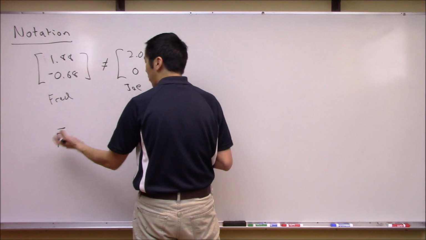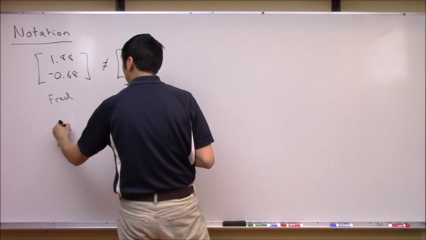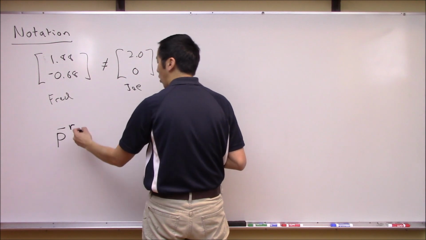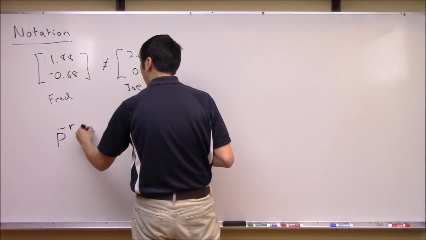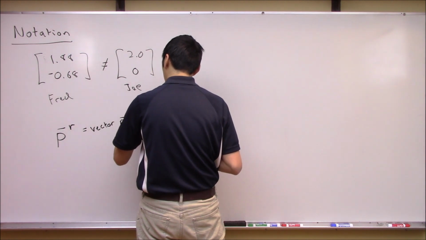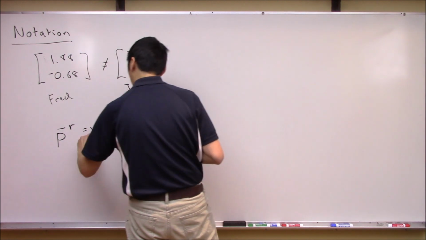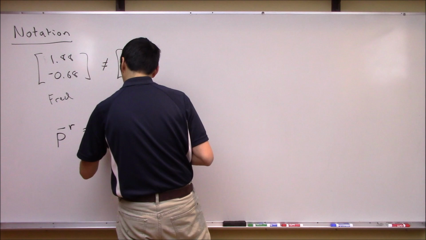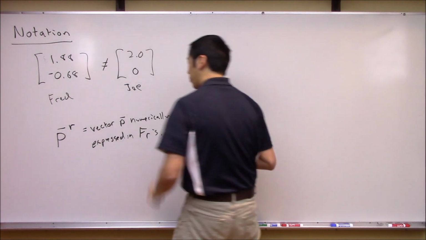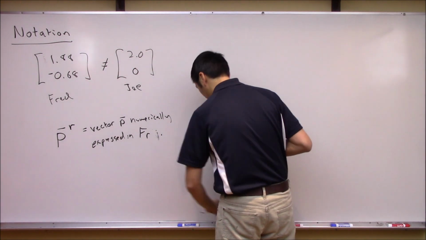So we're going to adopt a right superscript here. So I'm just going to use R here for an example. So what this right superscript R means is this is going to be the vector P, but numerically expressed in FR.